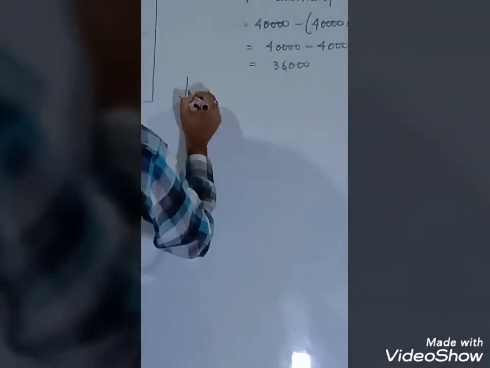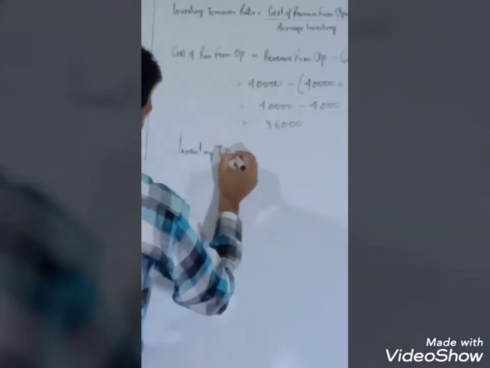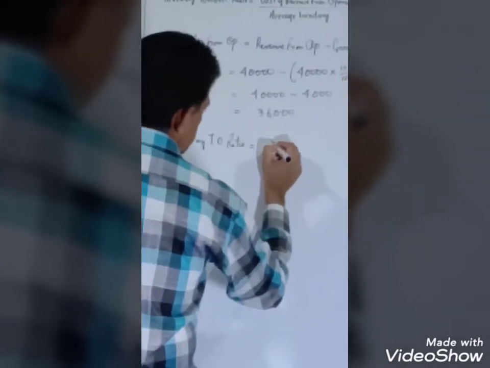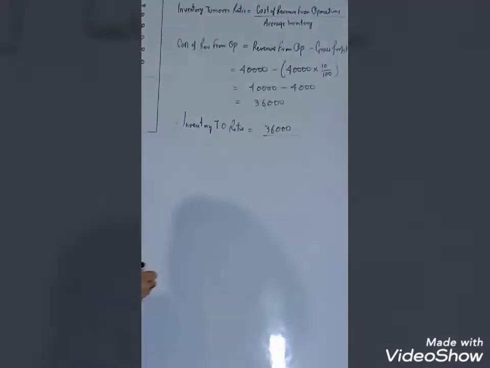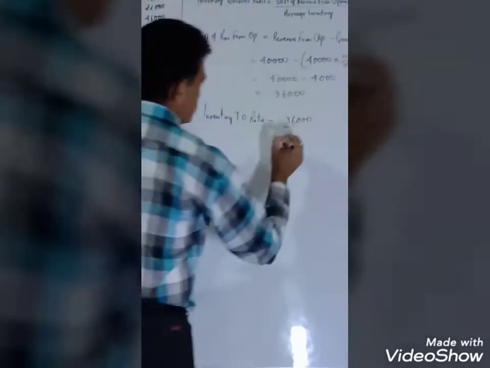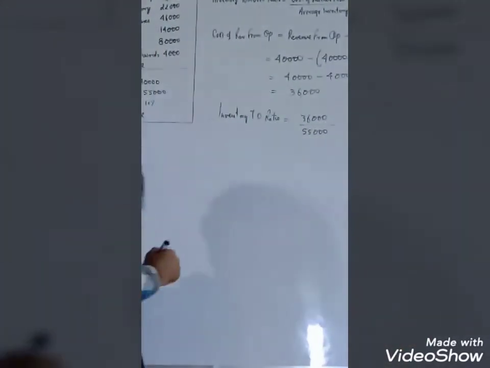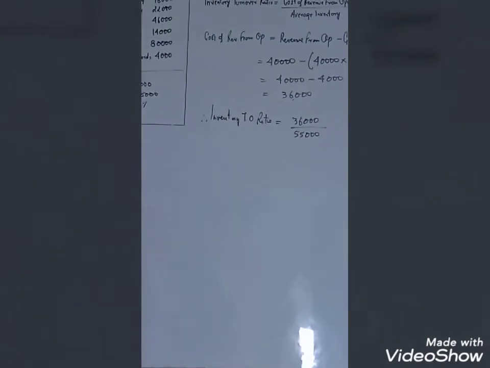Therefore, inventory turnover ratio: cost of revenue from operations is 36,000. Average inventory is 55,000. Now 36,000 we will divide by 55,000.